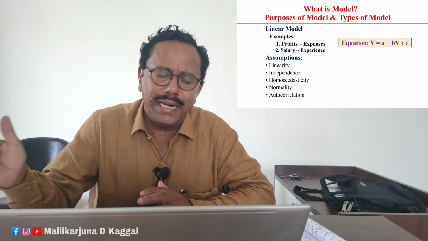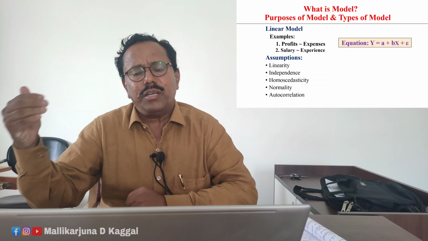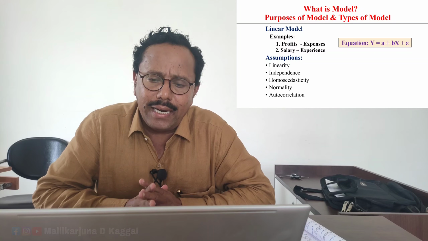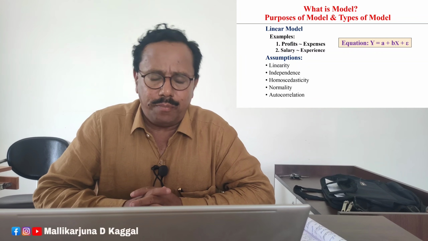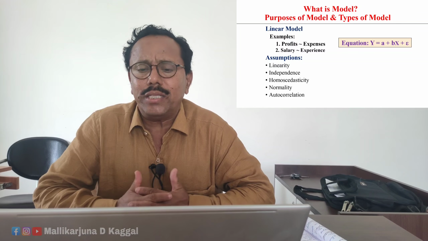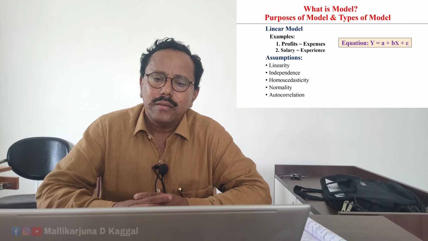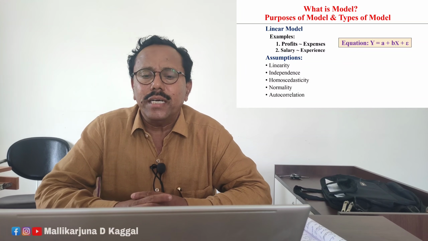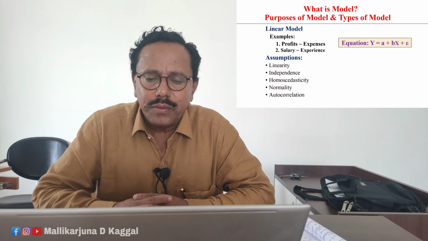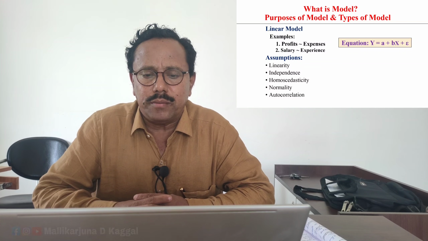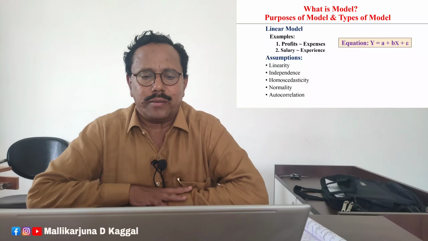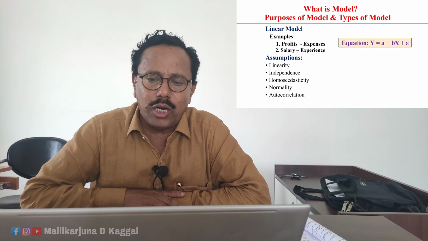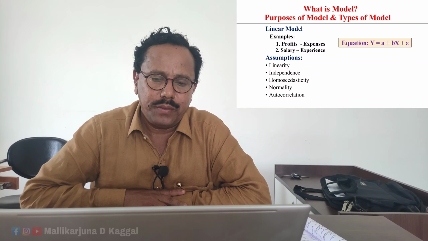Though there are many types of models in different contexts, we are taking the model by which we can classify the observation into two categories based on the relationship between variables, using dependent and independent variables. There are two types of models: one is a linear model, another one is a non-linear model.